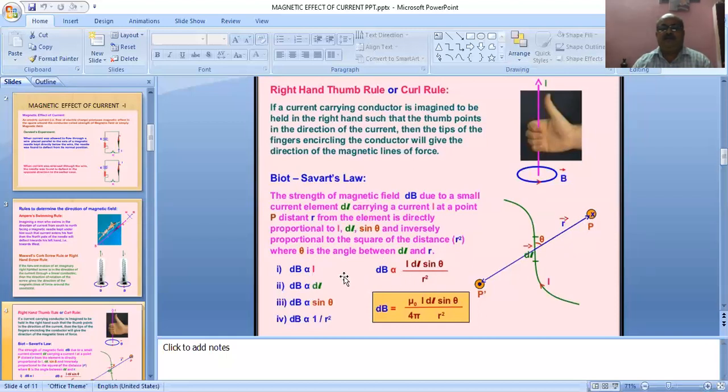Mathematically we can represent it as dB varies as I, dB varies as dl, dB varies as sine theta, and dB varies as 1 by r square. When we combine all these, we get dB varies as I dl sine theta by r square.